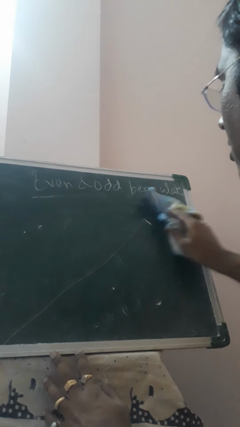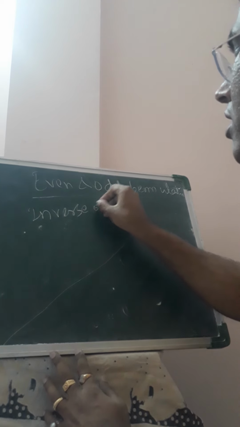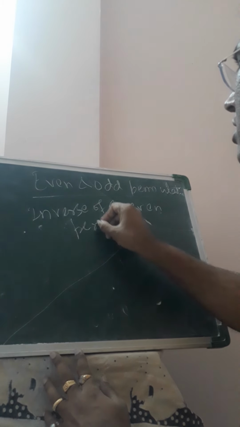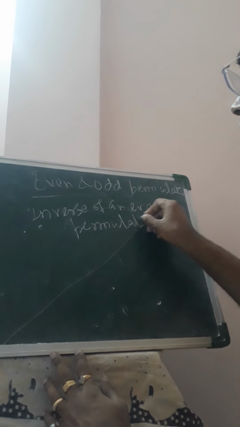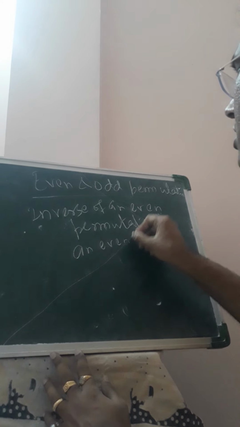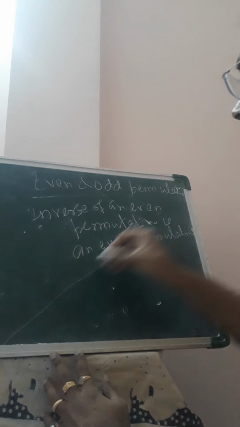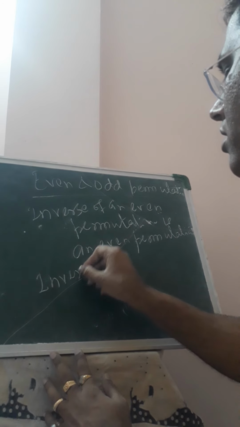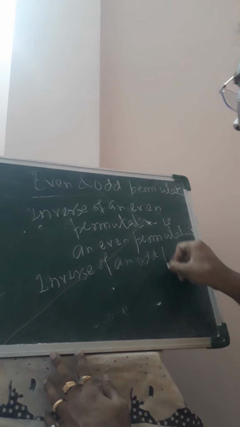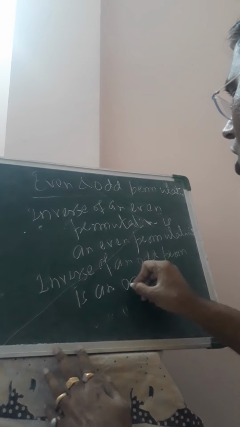Moreover, the inverse of an even permutation is an even permutation, and the inverse of an odd permutation is an odd permutation.